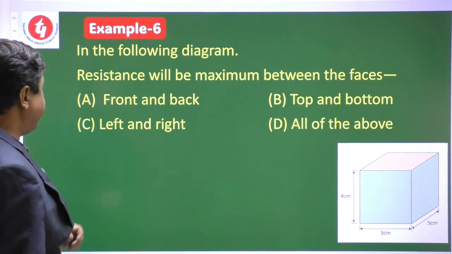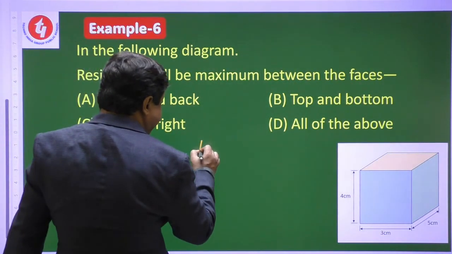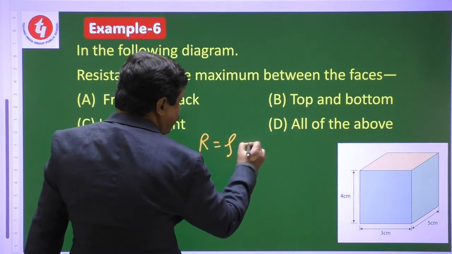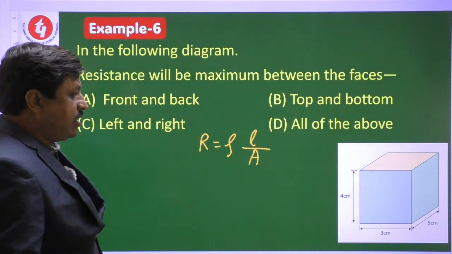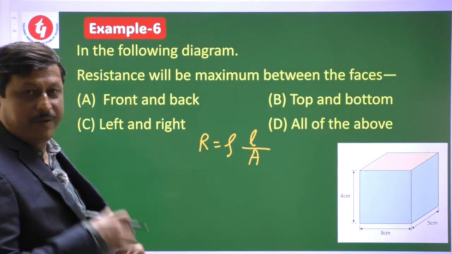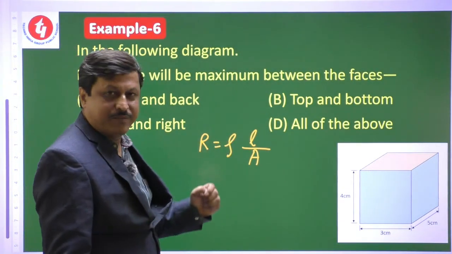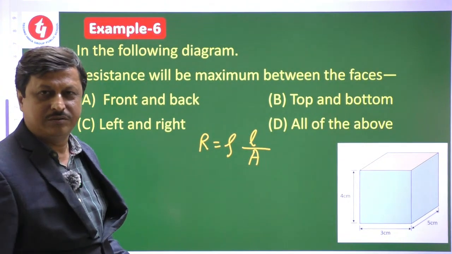Basically, you know that resistance is rho into L by A. That means resistance between two faces will be maximum where the length is maximum but the area of cross section is smaller.